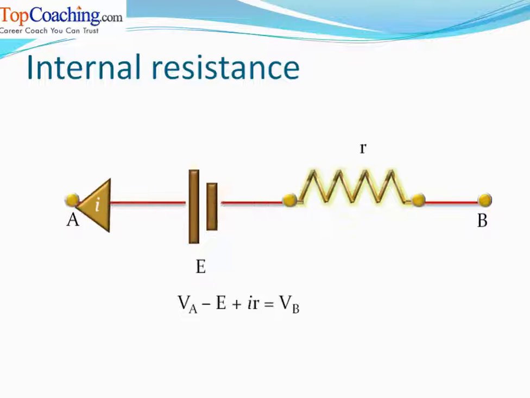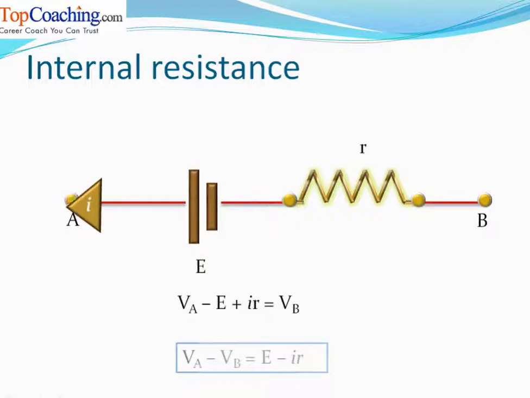Now if we fiddle with this equation a bit, we actually get VA minus VB equal to E minus Ir. What this means is that the net potential difference across the terminals of a real battery is not E, the electromotive force of the battery. It's actually equal to E minus Ir, where I is the current flowing from the battery and r is the internal resistance of the battery.